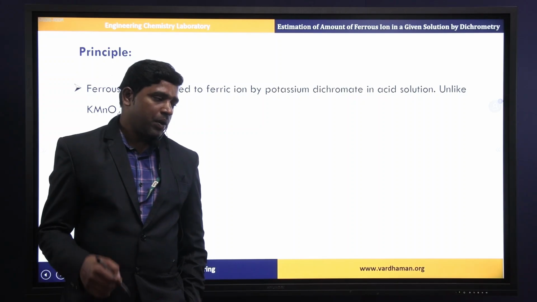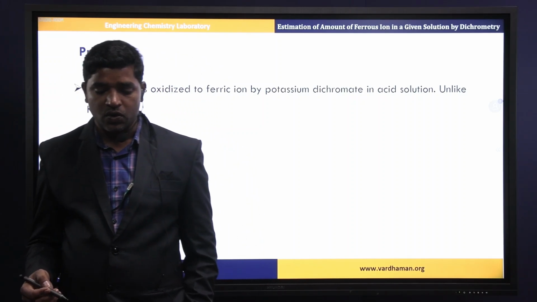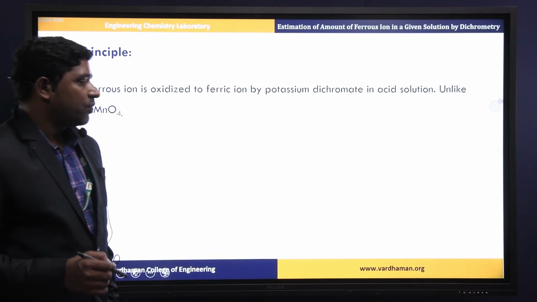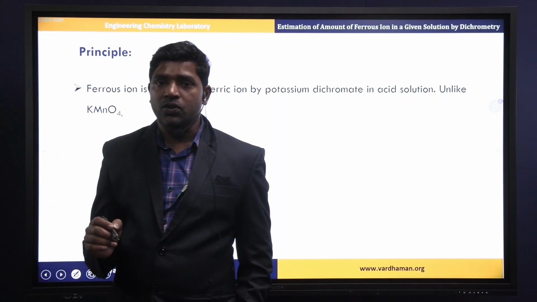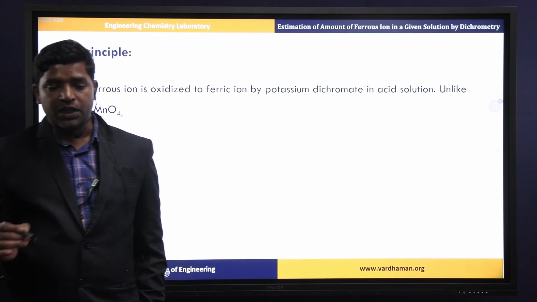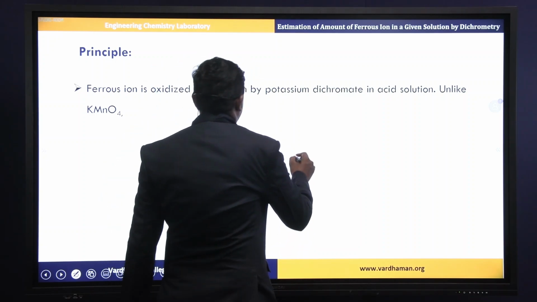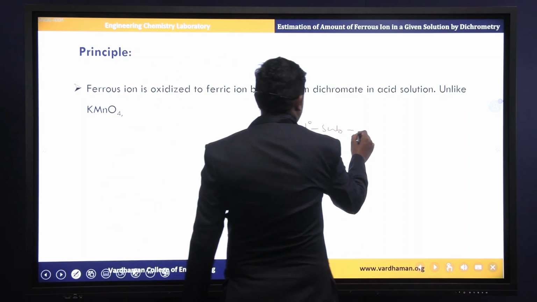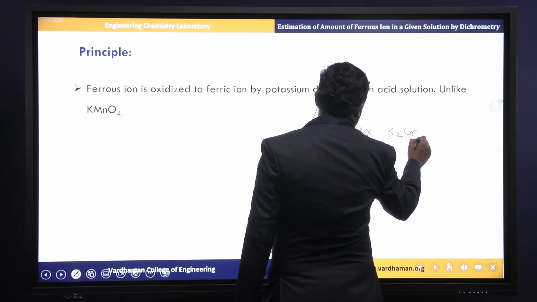What is the meaning of a primary standard solution and of a secondary standard solution? First, the primary standard solution can be defined as a substance which is available in pure form. That is why we call it a primary substance. An example of a primary substance is potassium dichromate, K2Cr2O7.